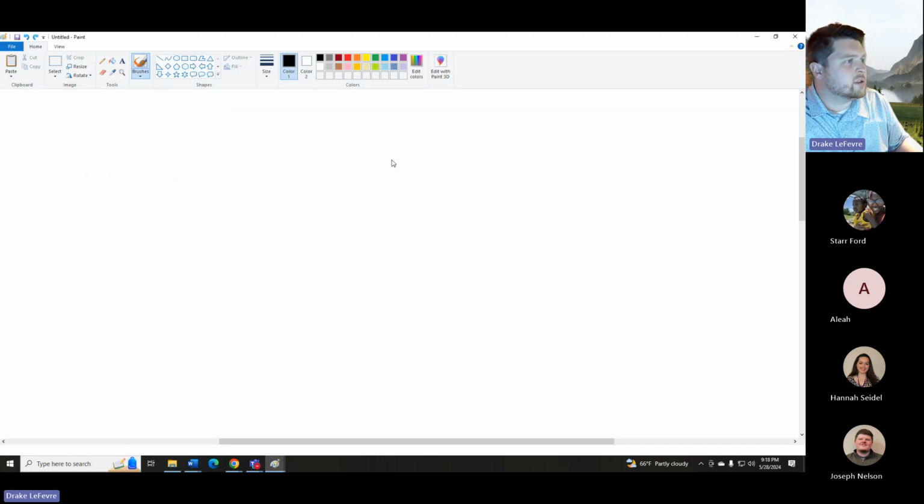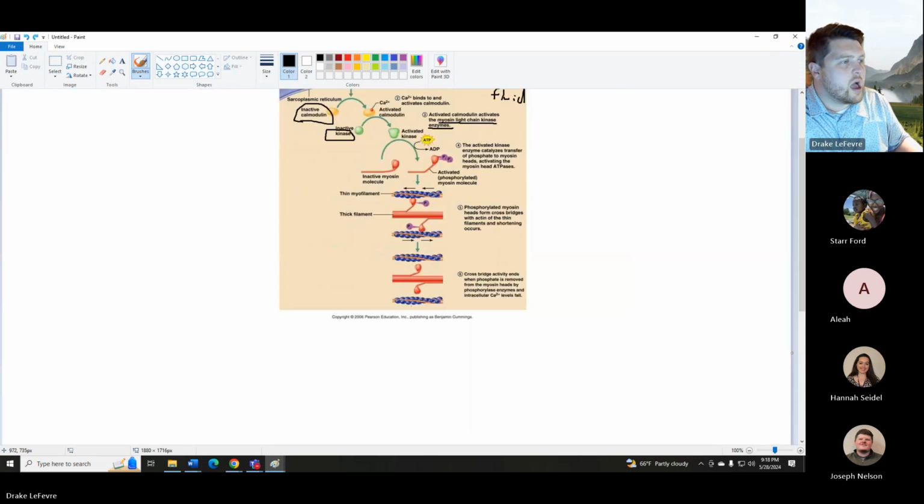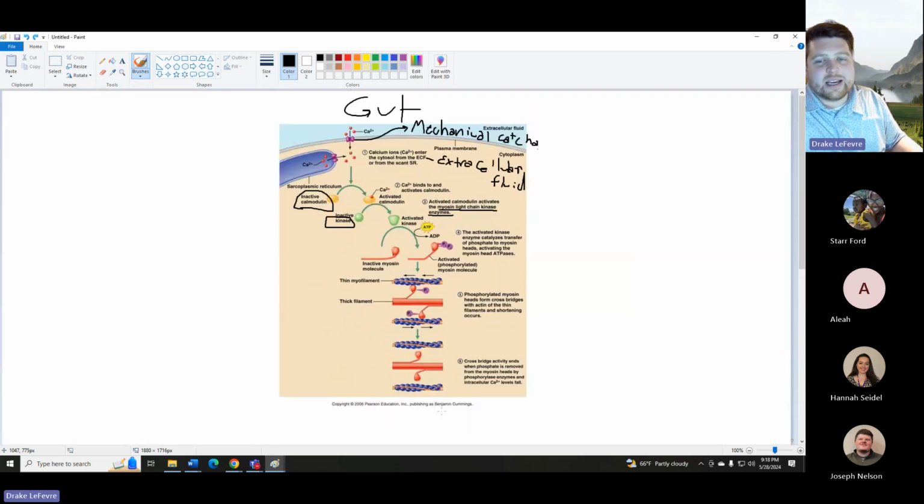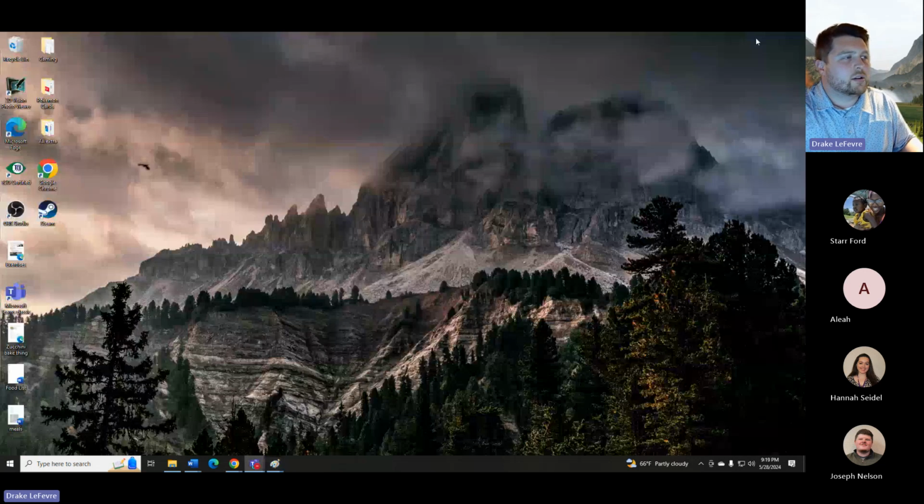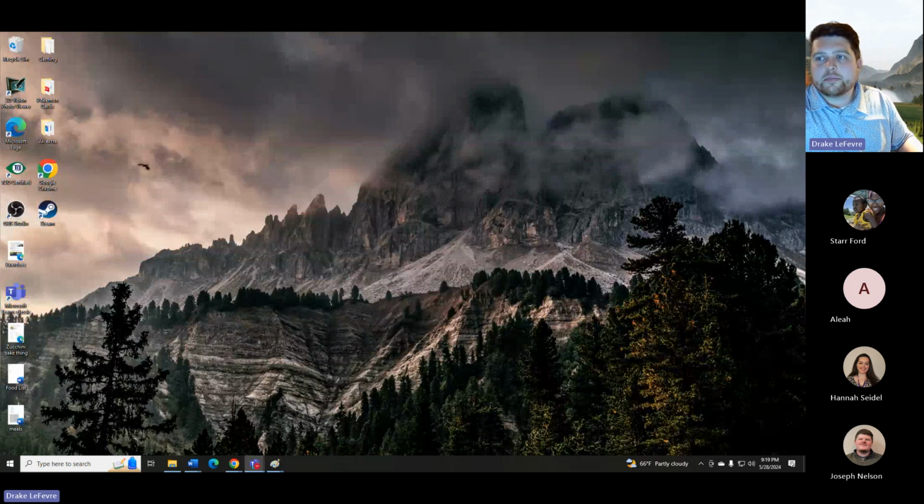Oh, and smooth muscle. I would review those step-by-step processes, and that should get you most of the way there for this first exam.